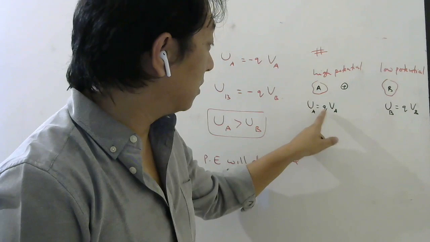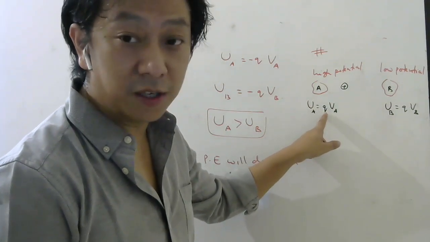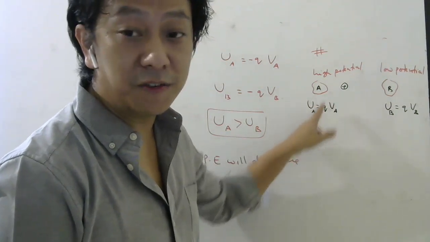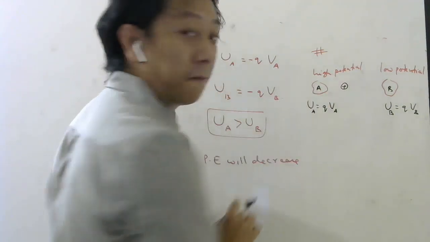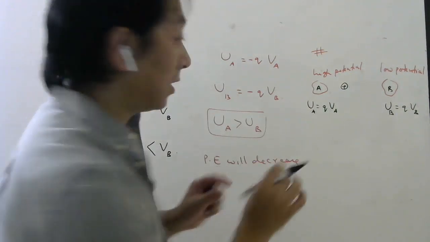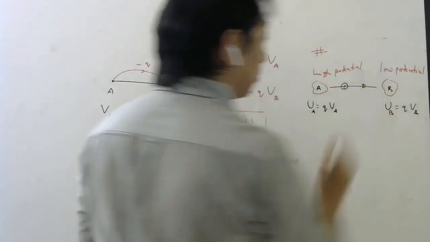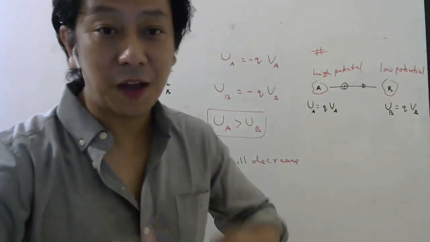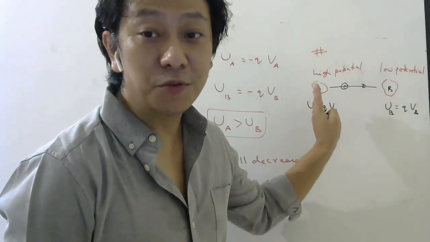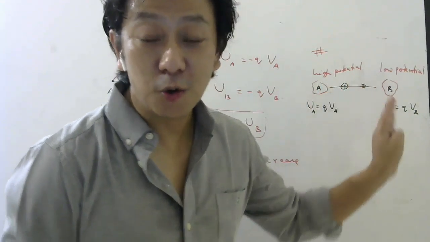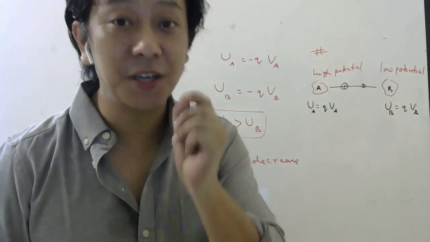So if this is high and Q is positive, then this will be a higher positive number. That means potential energy of this Q charge will be more here. So if you leave it by itself, it will always go that side. Why will it always go that side? Because it wants to have less potential energy. So positive charge will always move from higher potential to lower potential if it is left to itself.